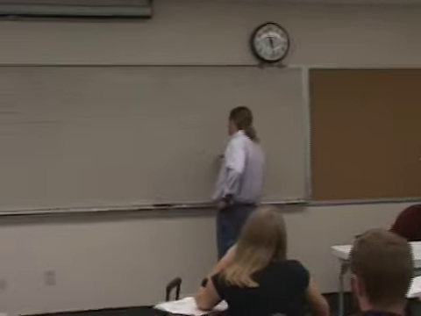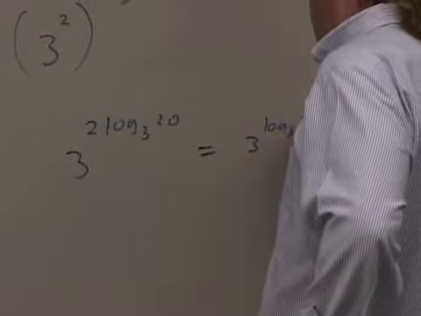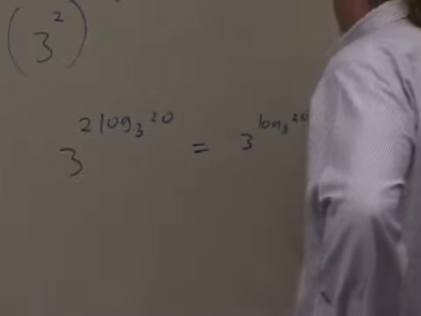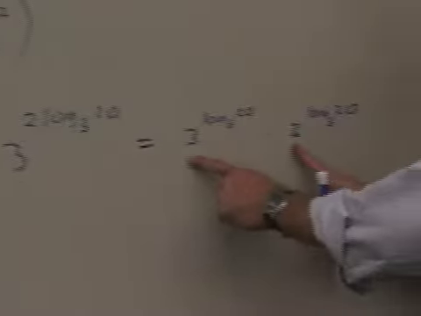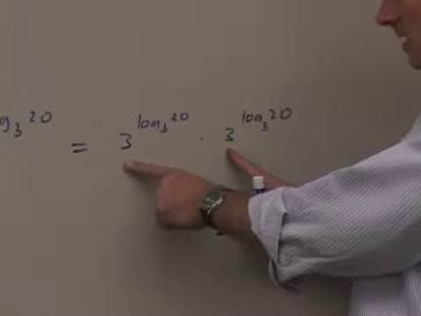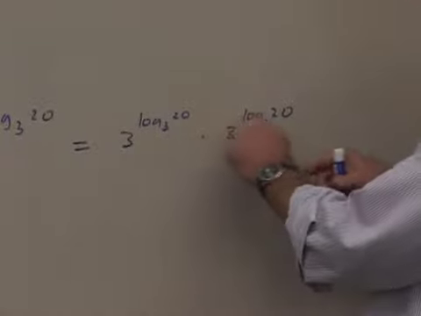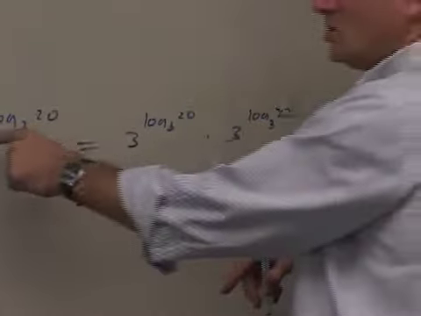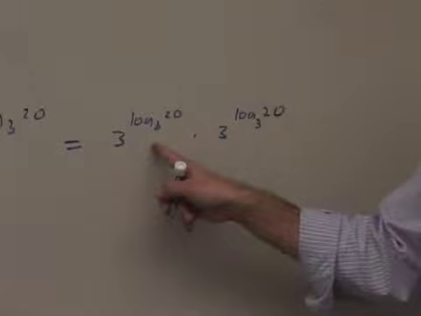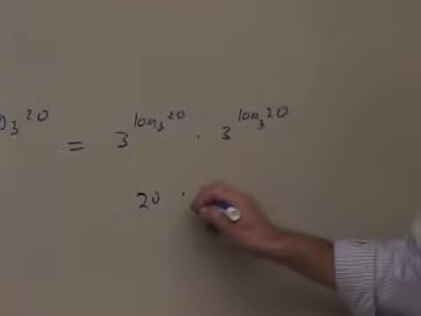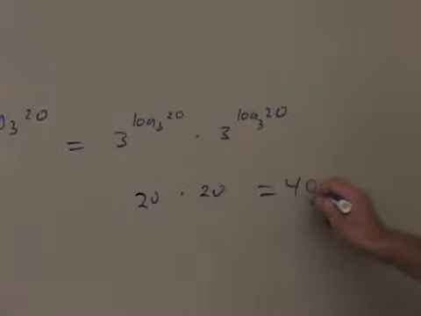This is the same thing as 3 log base 3 of 20 times 3 log base 3 of 20. Now, you see these two bases are the same? When you have the same bases and you're multiplying, what do you do with the exponents? So this is log base 3 of 20 plus log base 3 of 20, also known as 2 of them. That's a stretch, but you got it? Now what's this value? Times, what's this value? 20.